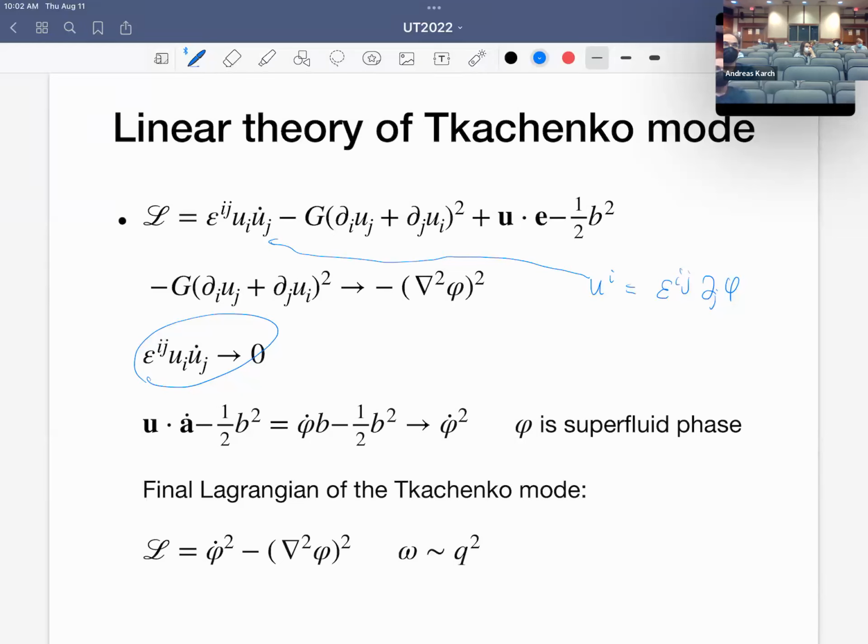Is there a question? Yeah. Raise hand. Yeah. Nati, can you ask? Yeah. Before you neglected some terms because you said that they are smaller than the U U dot term. Before, I haven't heard your question.